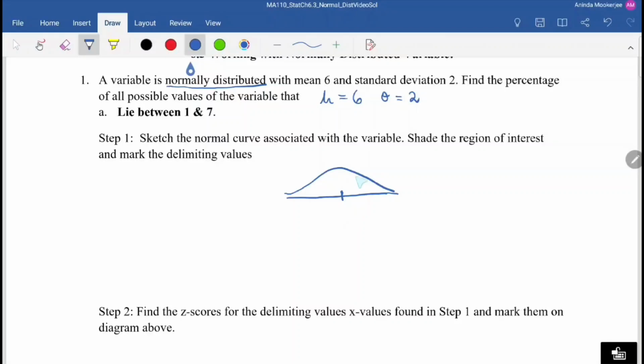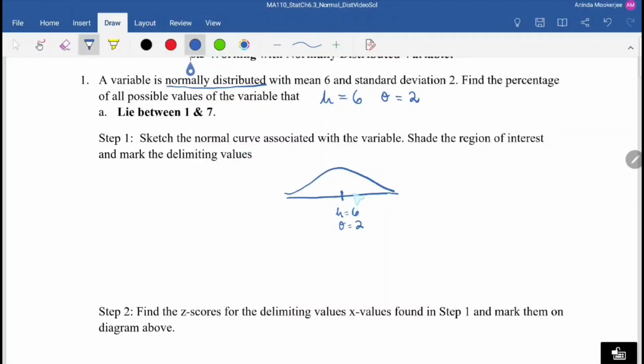All right, the mean will be located at the center in a normally distributed curve. So mu will be equal to 6, standard deviation is 2, and the two observations between which we want to find the percentage are 1 and 7.